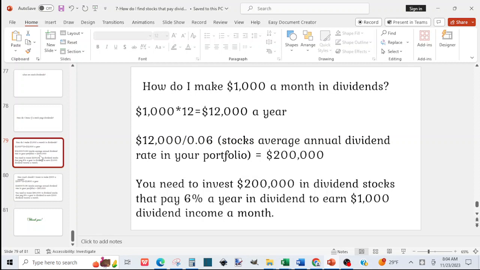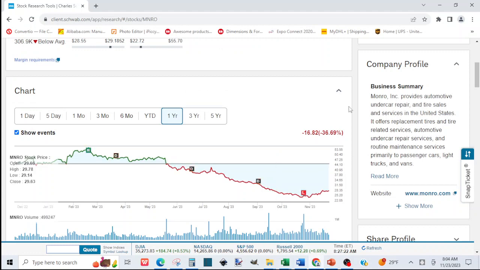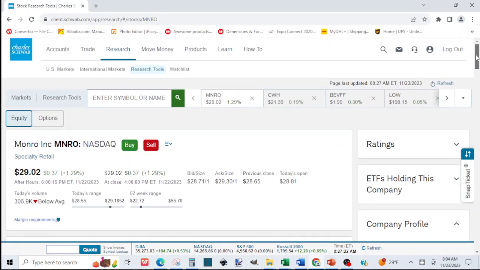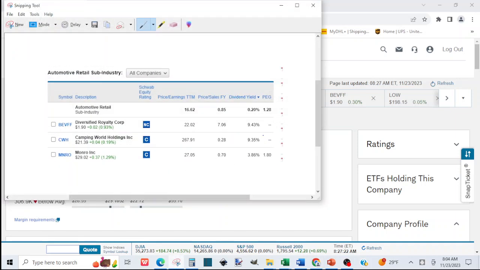And you saw that during our research, we found stocks that were paying 9%, and then 3%.